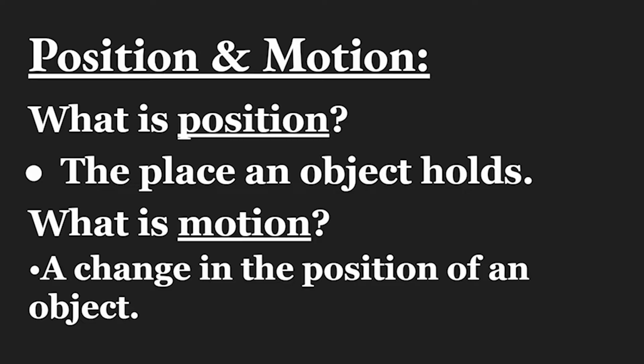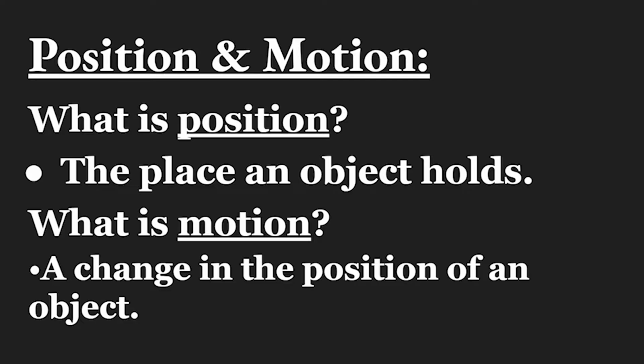And the same term, motion, is another term we're looking at, and that's simply a change in position of that object. So if you decide sitting at the table is a bit uncomfortable, I'm going to take my Chromebook and go sit on the couch, and you pick up the Chromebook and carry it over and set it in your lap on the couch so you can be nice and comfortable. That's a change in position, and that's motion, okay?